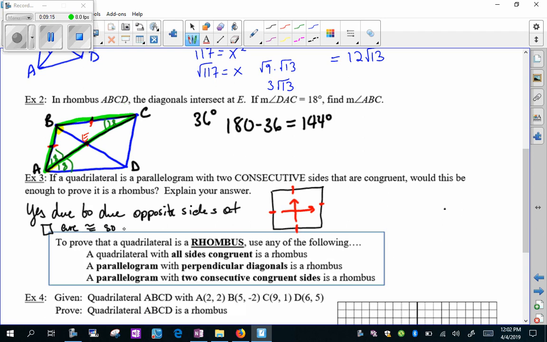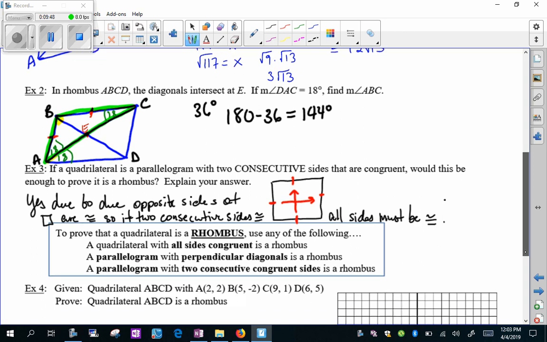So if two consecutive sides are congruent, I'm going to go over here. Sorry about that. All sides must be congruent.